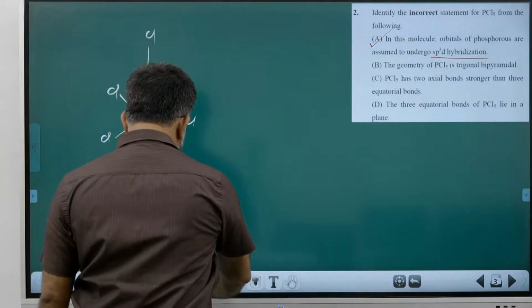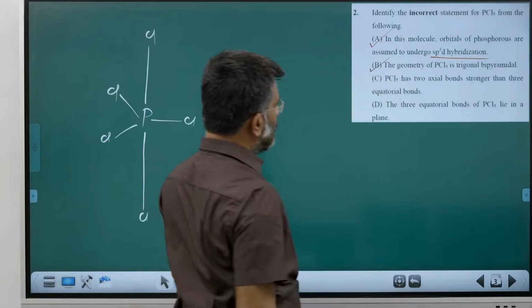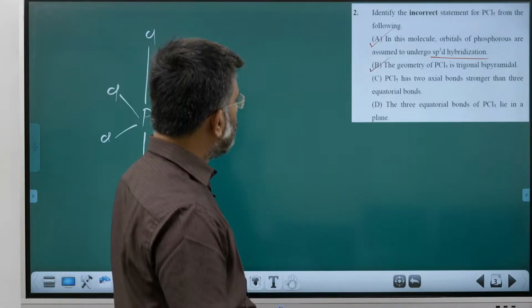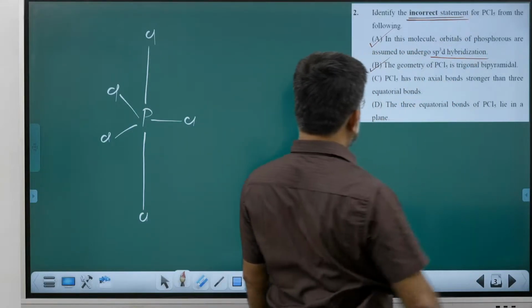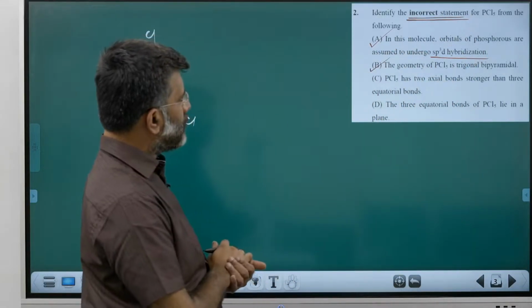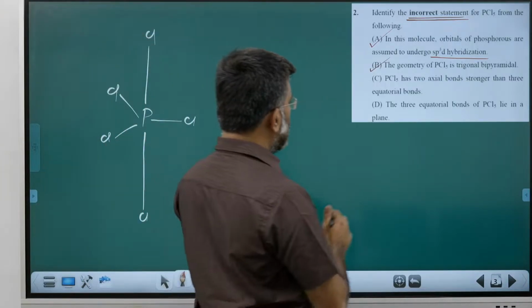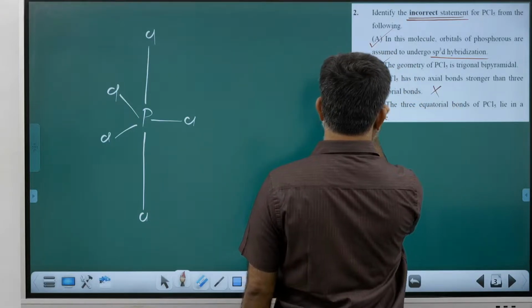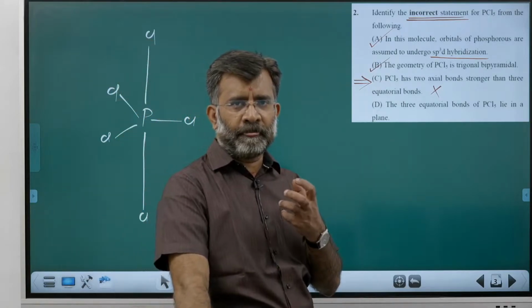Second statement, obviously, it is correct. The geometry of PCl5 is trigonal bipyramidal. True statement. We want the incorrect statement. PCl5 has 2 axial bonds stronger than 3 equatorial bonds. That statement is incorrect and that is our correct answer. Option C is the correct answer as it is a wrong statement.